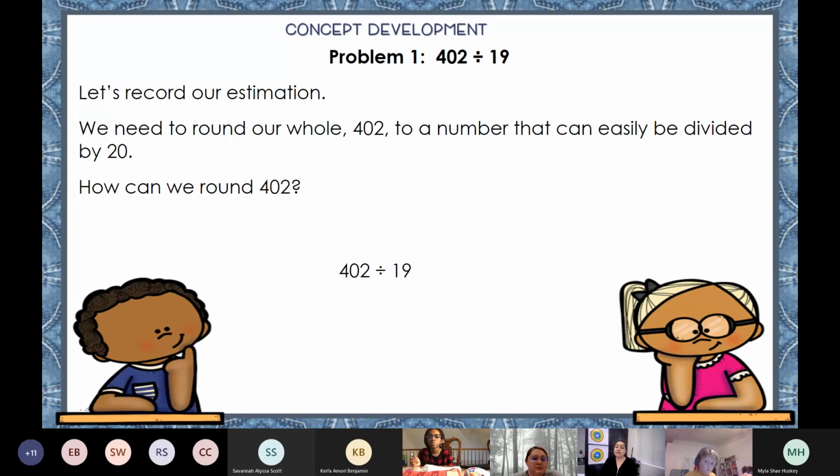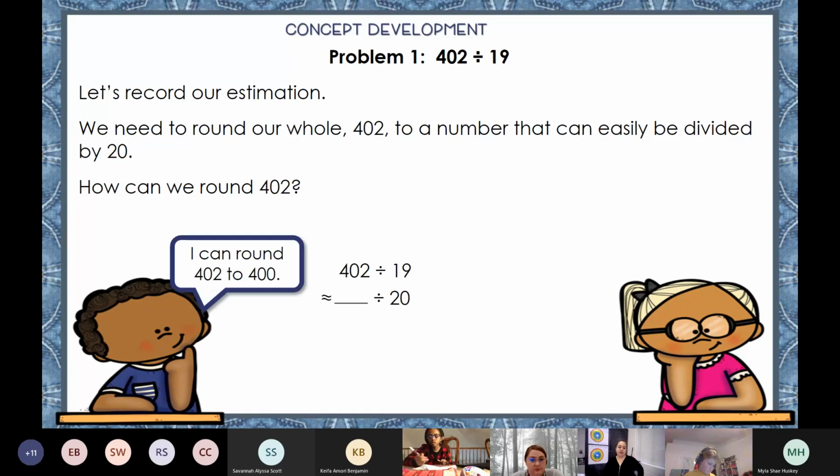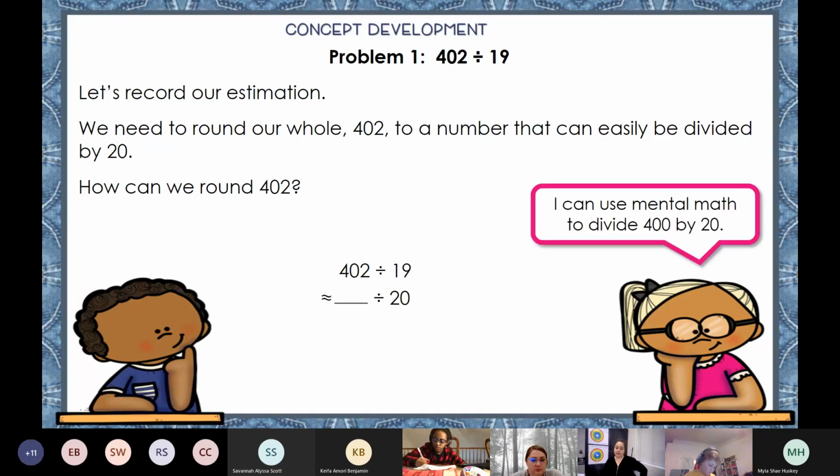So now we have to round our whole number of 402 to a number that is easily divided by 20. We need to think about multiples of 20 and a number that is easily divided by 20. What could we round 402 to that is divisible by 20? Savannah Marks. 400. 400, perfect, because 402 rounds to 400.